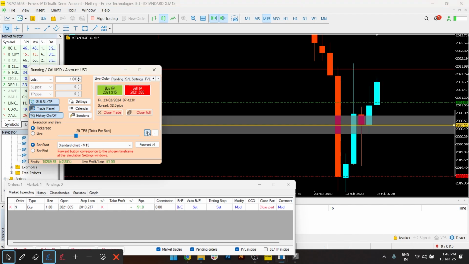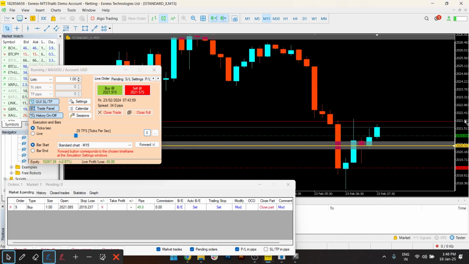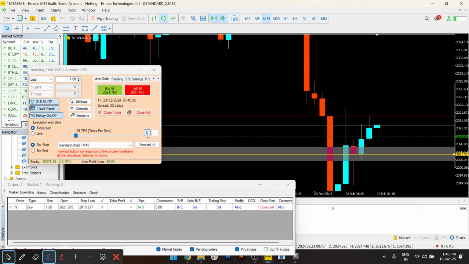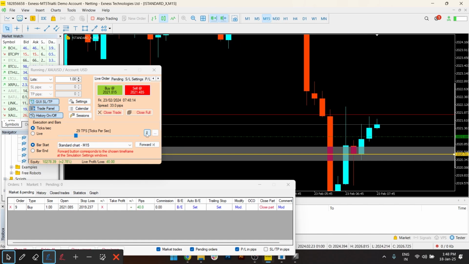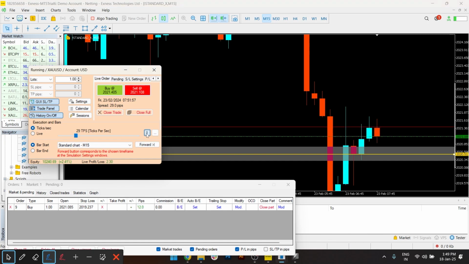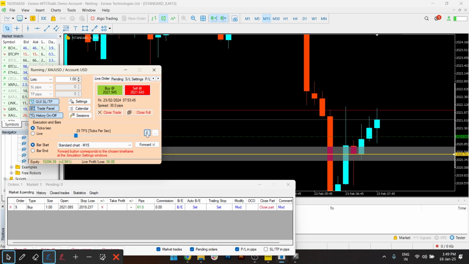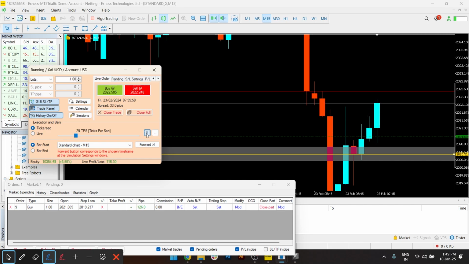Yeah, but since we have this clean range, I think it should go up. 4 pips. 15-minute closed bullish. Price should go up now because we are trending up. So we're breaking the low here on the 15-minute time frame. Yeah, okay, 8 pips. Very nice, good trade.